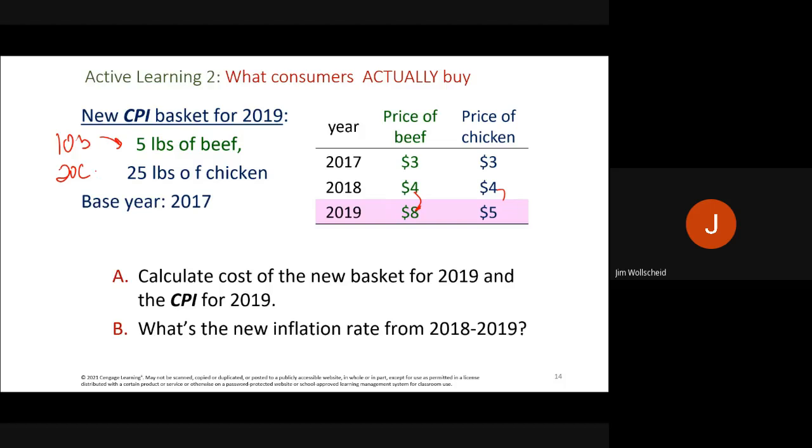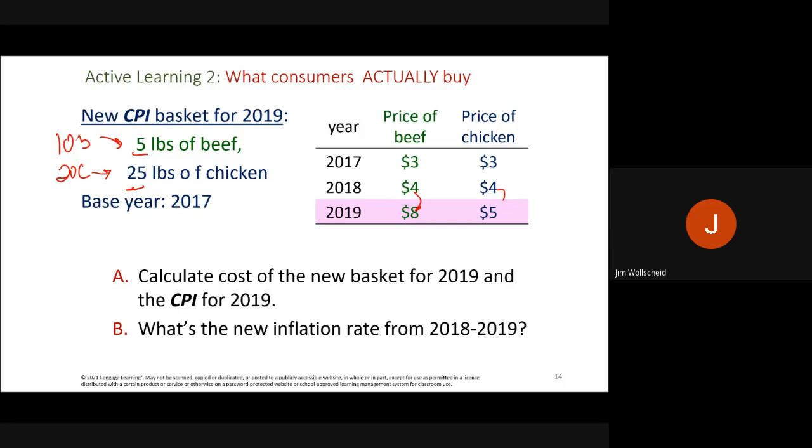And when demand increases, so does price and quantity. So we're now at this new point where we have 5 pounds of beef and 25 pounds of chicken, because in reality, that's what happened.